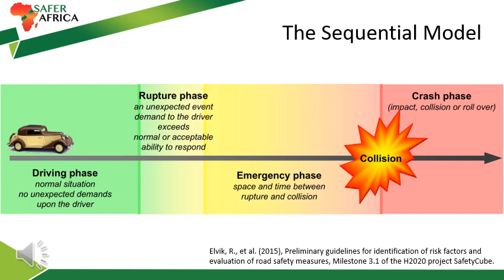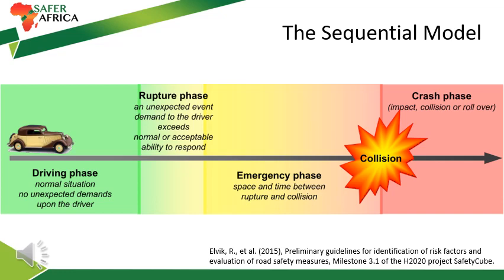The driving phase describes the situation in which the user is before the crash situation. The driver is performing the driving task in a given context without being overloaded with information. There is a balance between the demands and his ability to respond to them.